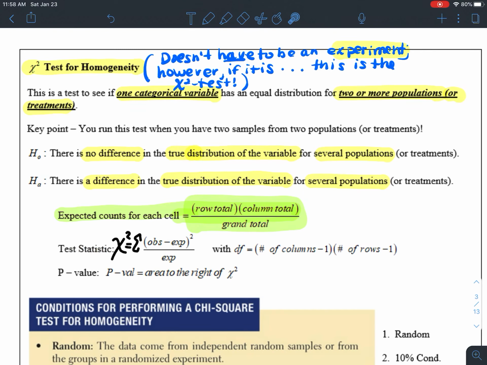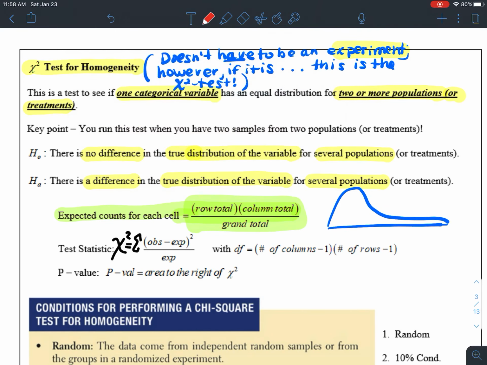Okay, the test statistic for chi-squared is still the same. It's observed minus expected squared divided by the expected count, and we continue to add those all together, and collectively that summation creates our test statistic, the chi-squared test statistic. Now remember when we talked about this in the last section, we said this particular shape is always skewed to the right.